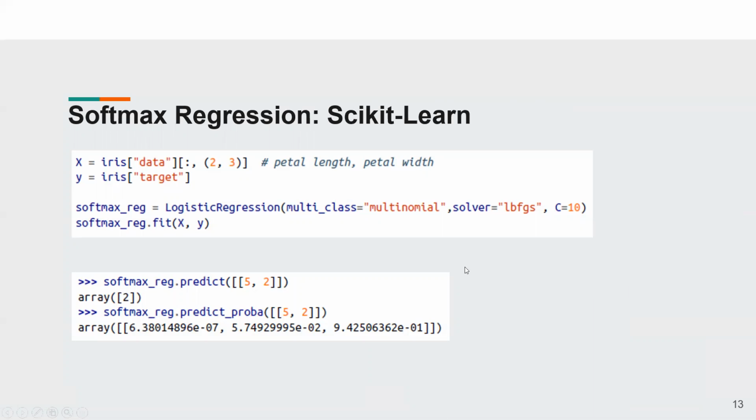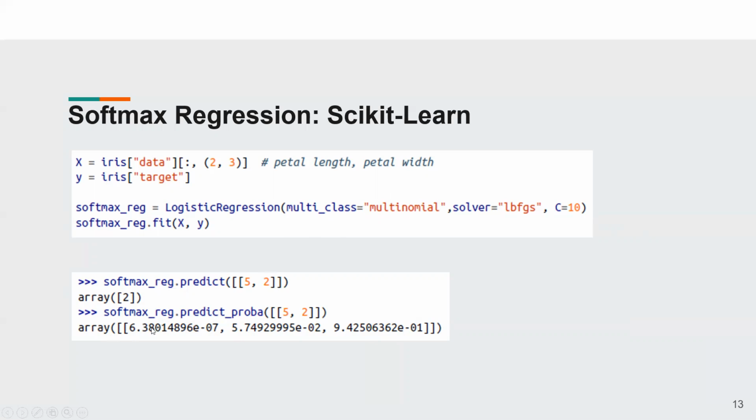In scikit-learn, you could leverage LogisticRegression, just define multi_class equal to multinomial, and use lbfgs as a solver to estimate. And then once you have that, you would be able to fit, and then you can also predict for a specific input. In this case, we only used the petal length and petal width, and if the petal length is 5 and petal width is 2, what is the output of the probability?